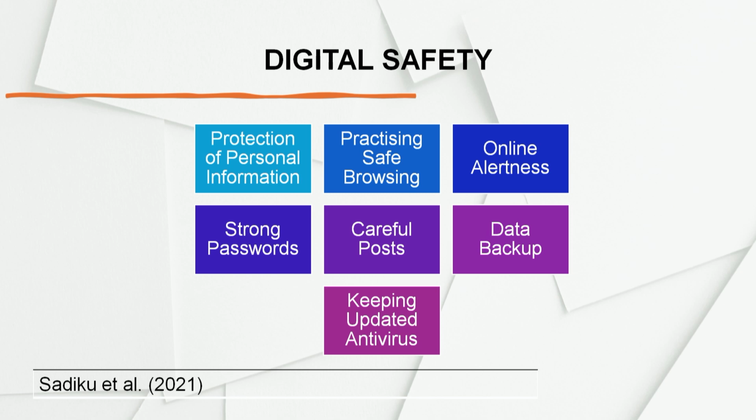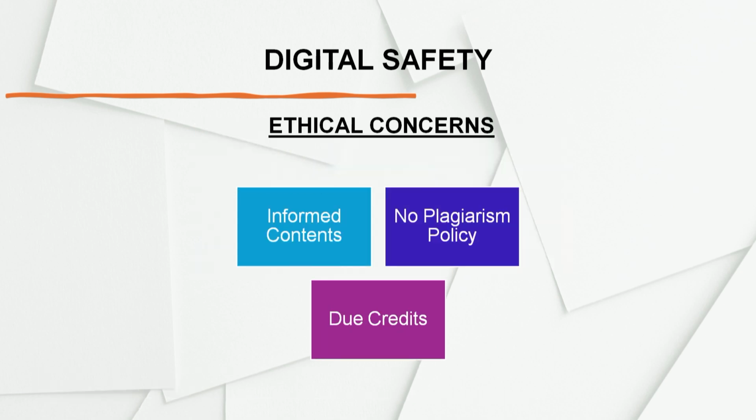Besides this, while you are on a digital platform, you must have certain ethical concerns. We must have informed consent whenever we are using anybody's data or putting somebody's information online. We should see that we have taken the consent from the person.